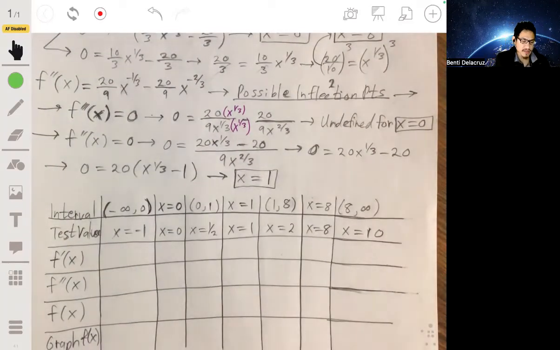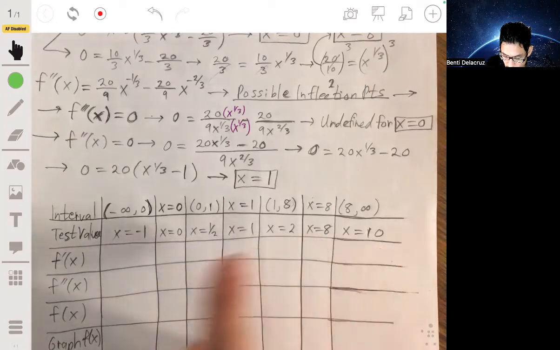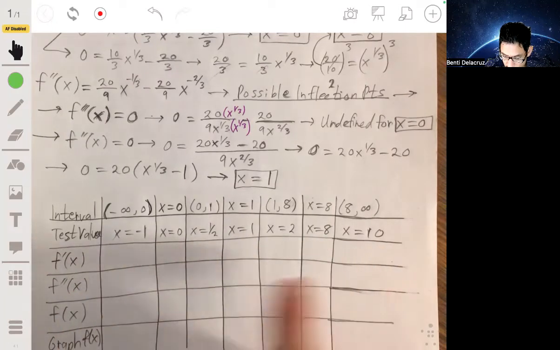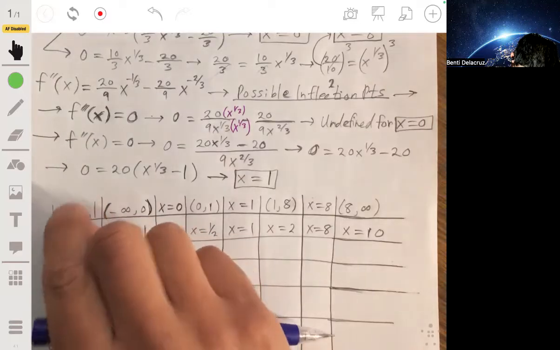Remember, pick any x values in those intervals. Pick ones that are going to make your math lives easier, of course. Doesn't have to be those ones, though. And let's now calculate the value of the derivative for these x values, the values of the second derivatives, and the values of the function, if it makes sense when we get there. Let me rewrite that.